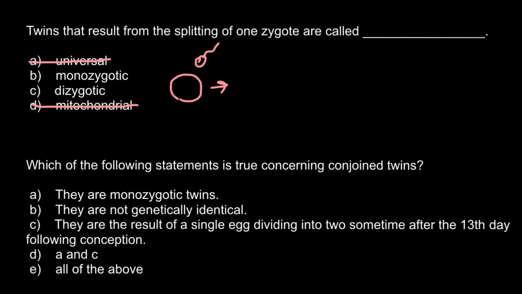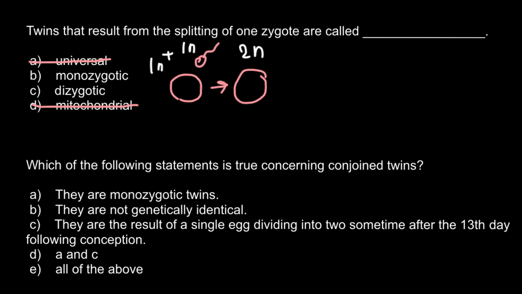This becomes a zygote at the next stage, so it is diploid. Here we have two gametes that join, and two haploid gametes make a diploid zygote. So a 1n egg cell plus a 1n sperm makes a 2n zygote, or diploid zygote.